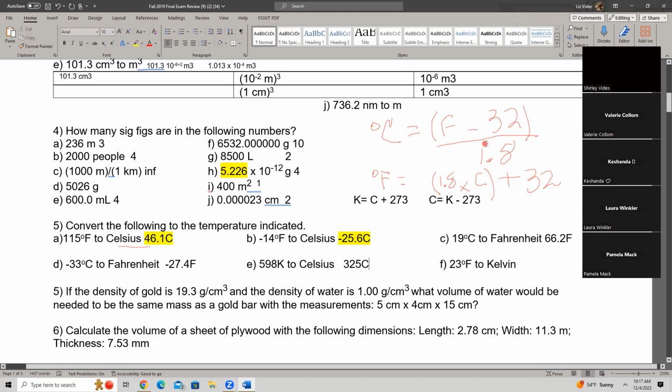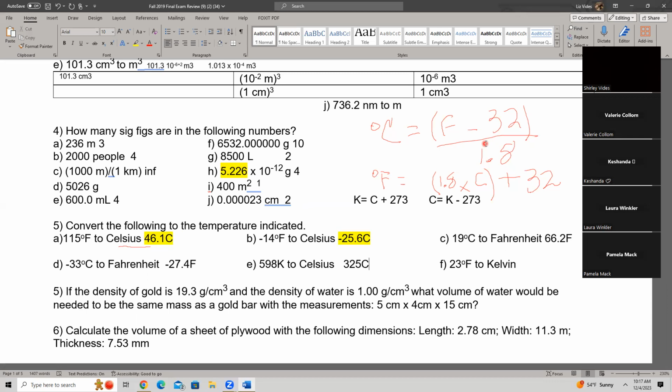So basically, it's 23 minus 32 divided by 1.8 plus 273.